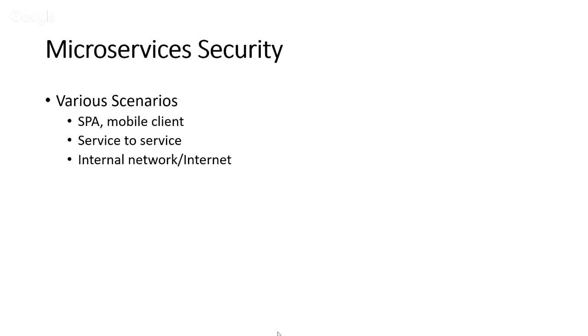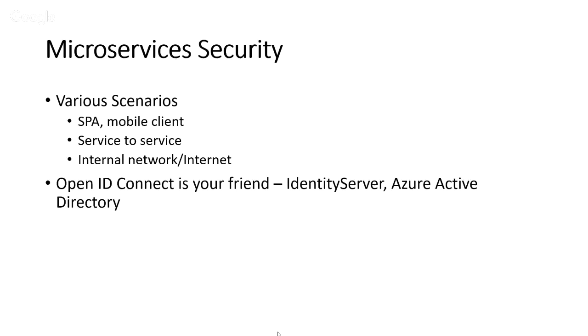So how do you handle these? I would say from our experience that OpenID Connect is your best friend for this. OpenID Connect is a security standard. It's actually a set of standards for how you can handle all the scenarios I mentioned.